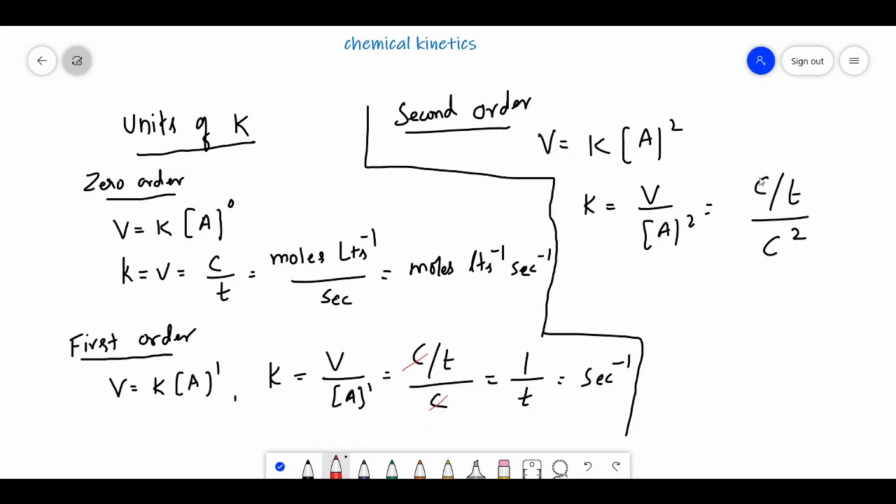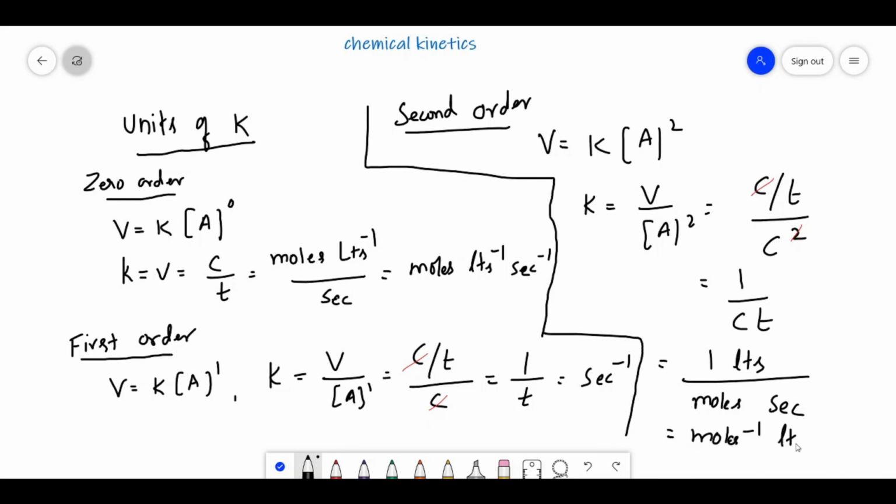In this C square, this C and this C get cancelled, and finally we have 1 by C into T. So you can write this as 1 by C, meaning moles per liter, so liters comes here, and time is seconds. So finally we can write these units as mole inverse liter second inverse. In this way you can write the units of third order, fourth order, or if any fraction is given, then also you can write fraction order. So this is the method.